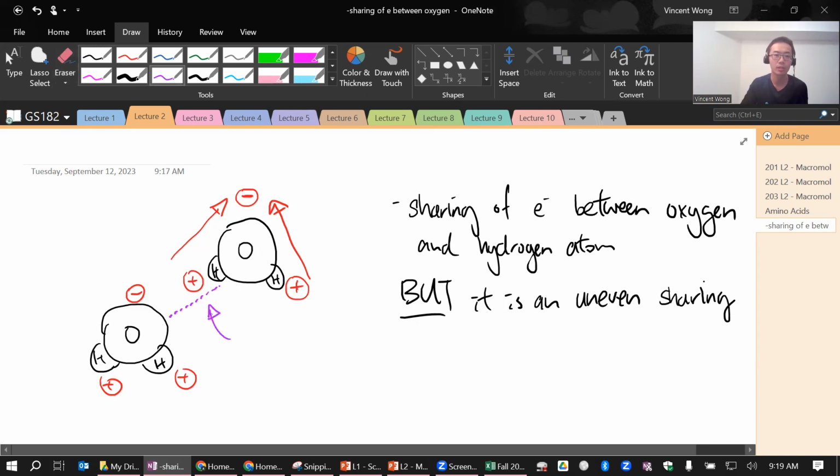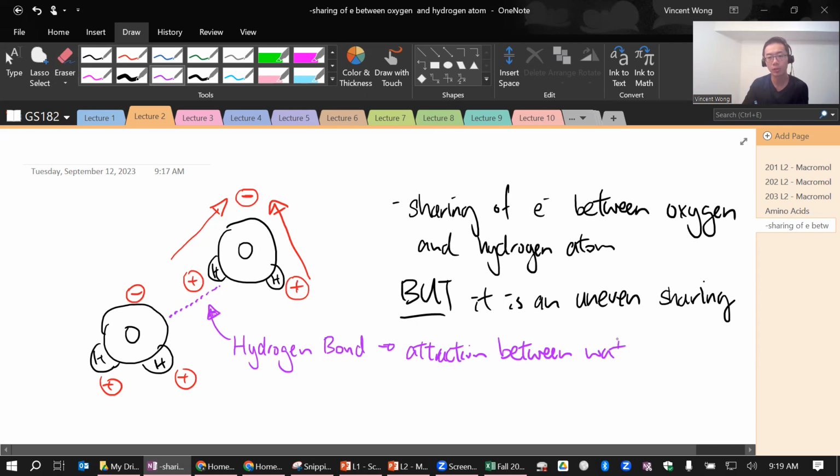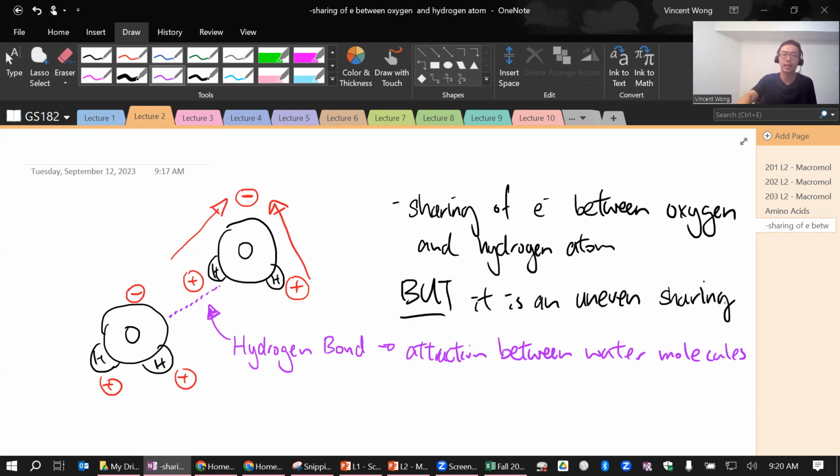So this attraction is what we call a hydrogen bond. Okay, so this is attraction between water molecules. Right? That is what allows water to kind of cling on to each other. Okay.